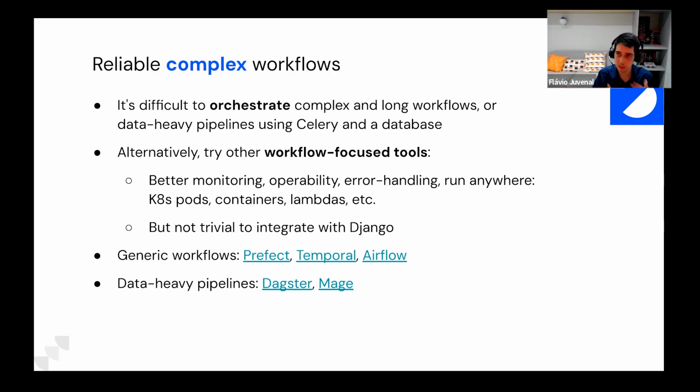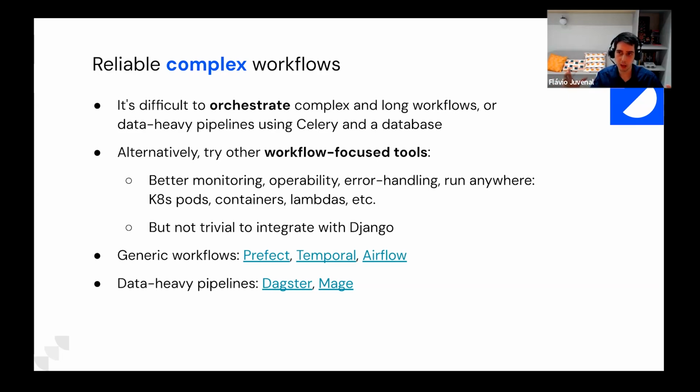And one thing that we didn't do at Vinta at that time, but we now recommend, is trying other workflow focused tools. Okay, so if your problem is an ETL workflow or some business workflow like this, don't use Celery. Celery is great for parallelizing Django related work, sending emails or simpler workflows.